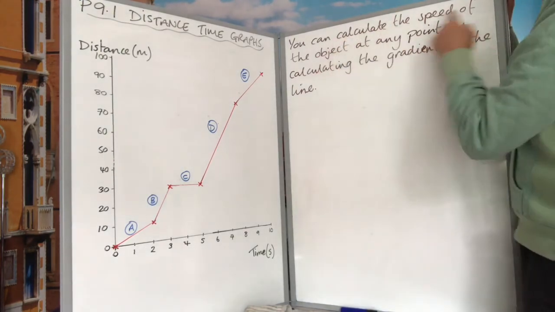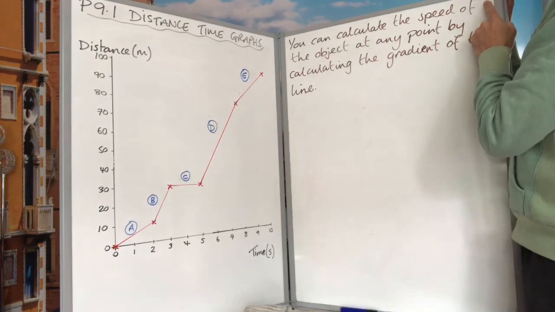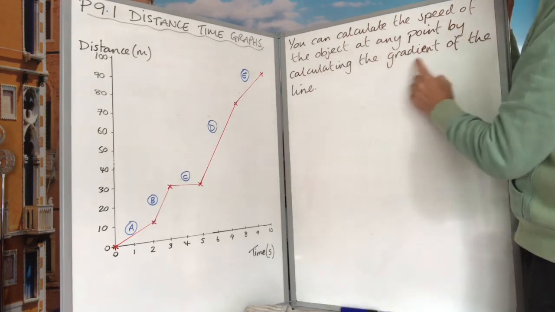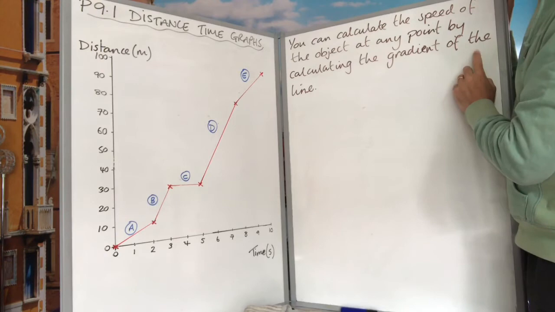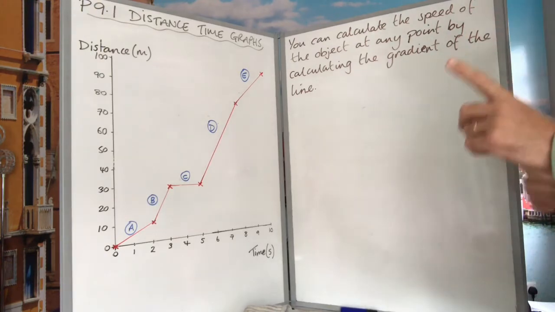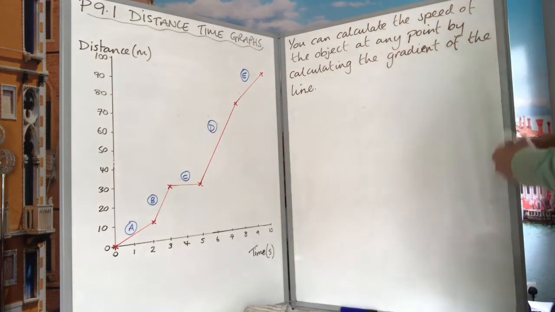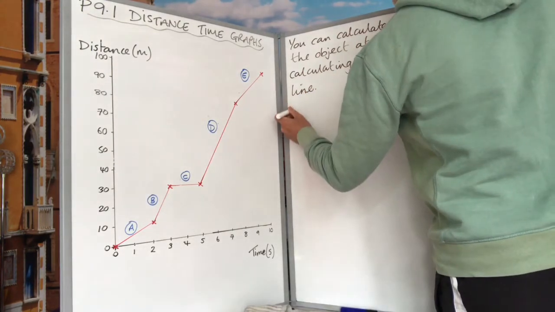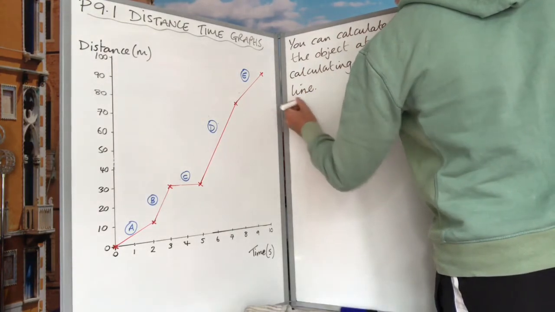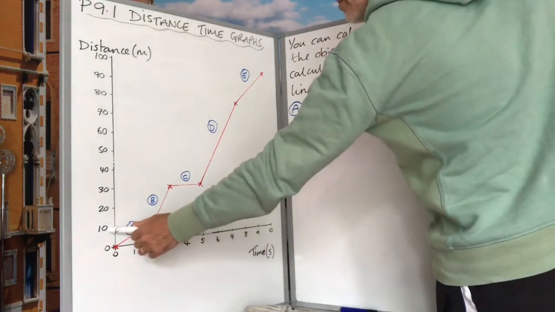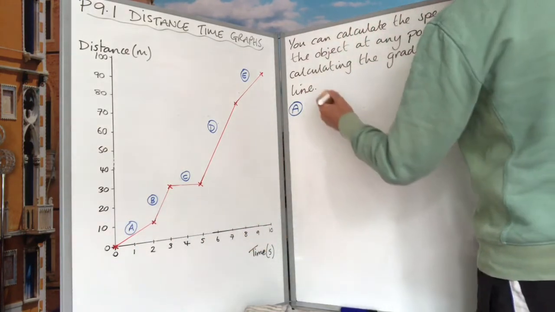So you calculate the speed of an object at any point by calculating the gradient of the line. So how do we do that? So if we look at stage A, it travels 10 meters in 2 seconds.